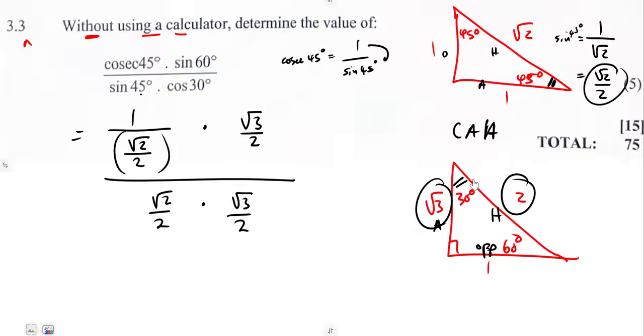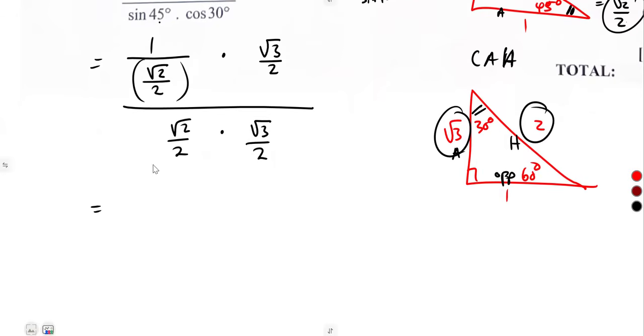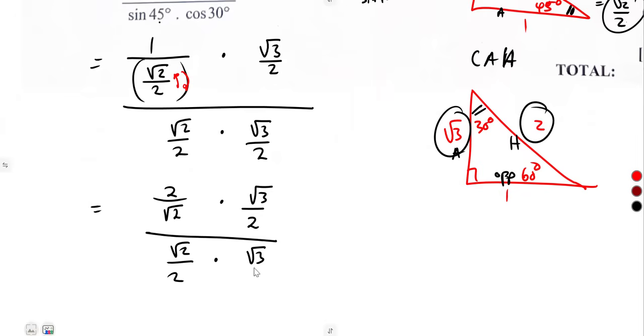So you can simplify this. That is going to give us 1 over, remember the reciprocal. All right, so simply change this. It is going to be 2 on top over the square root of 2, times the square root of 3 over 2, everything over square root of 2 over 2 times square root of 3 over 2.